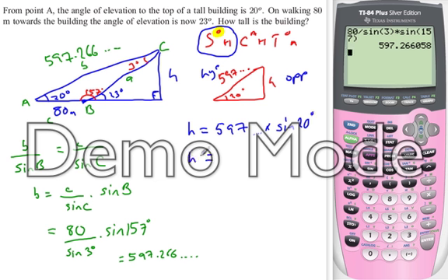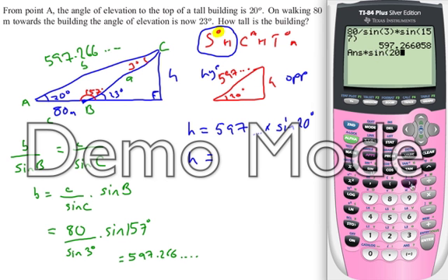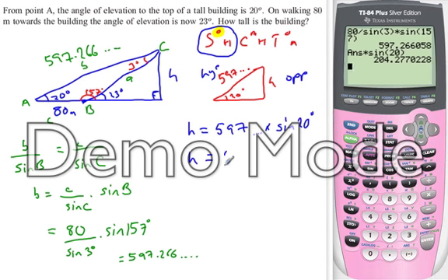So the height, my answer, is 597 times sine 20, which gives me 204 meters to the nearest meter.